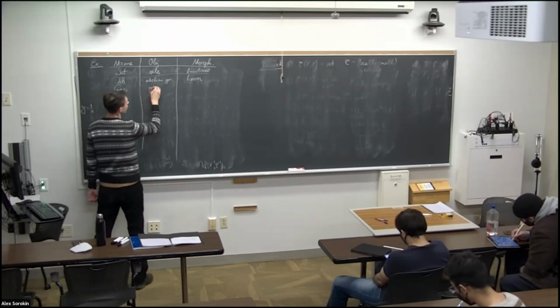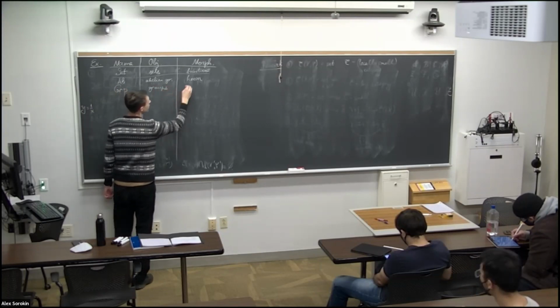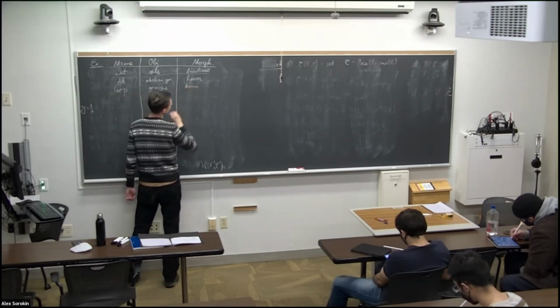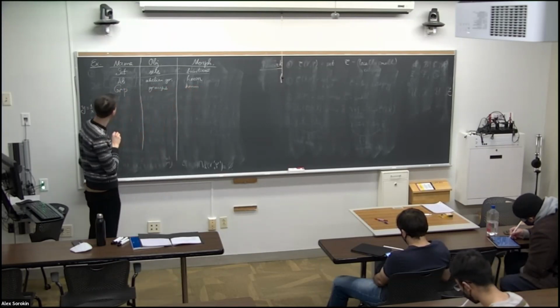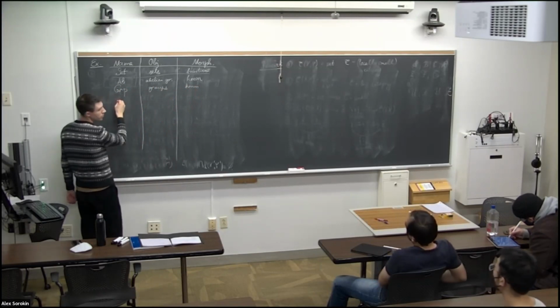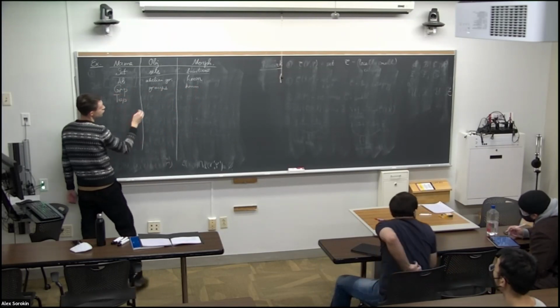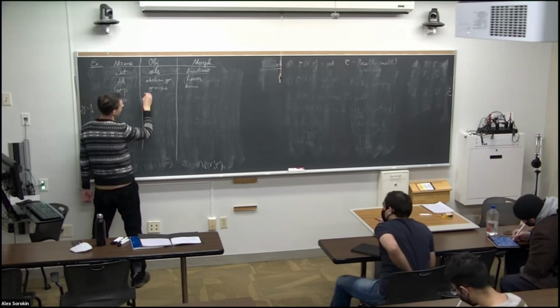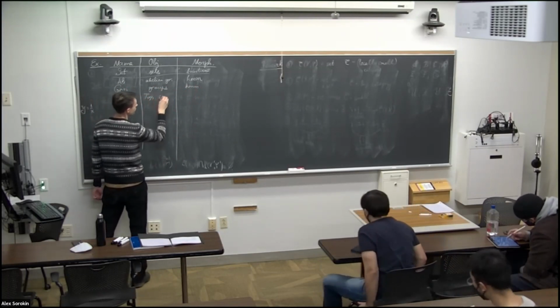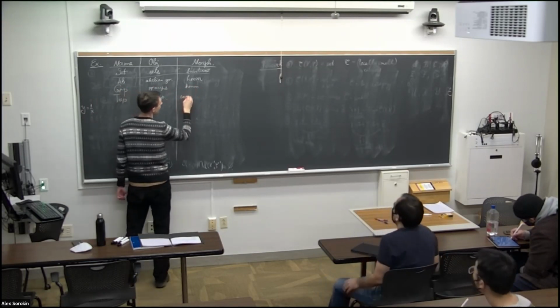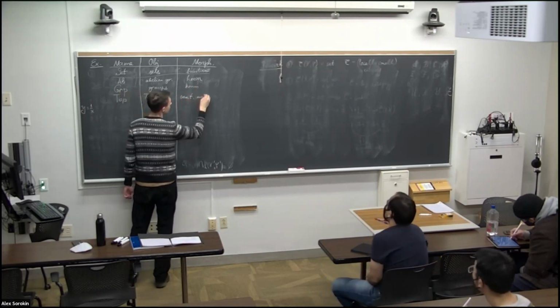So here are groups and again homomorphisms. Well, whom else should we immediately think of? Topology. Objects are topological spaces. Morphisms are continuous maps.